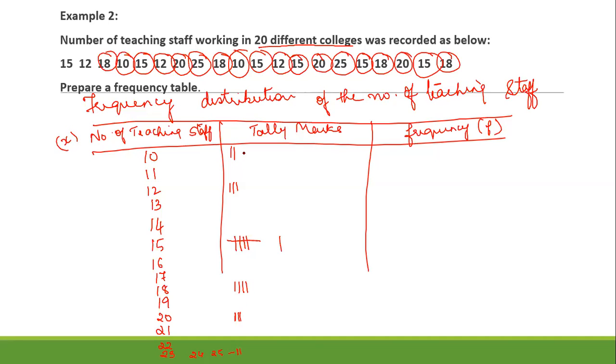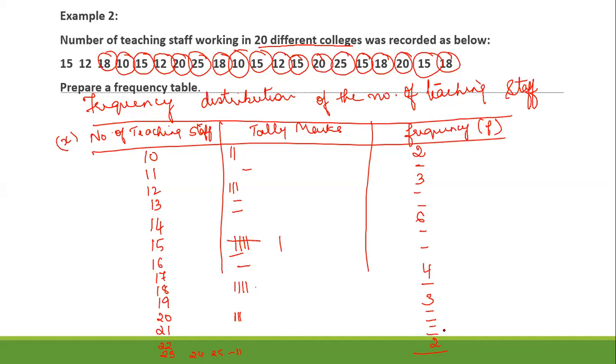Now for 10, how many frequencies do you have? 2. For 11, you do not have any, dash. 12, you have 3. 13, 14, you do not have, so 0. 15, you have 5 plus 1, that is 6. For 16, 17, 0. 18, you have 4. 19, you do not have. 20, you have 3. 21, 22, 23, 24, you do not have. 25, you have 2.